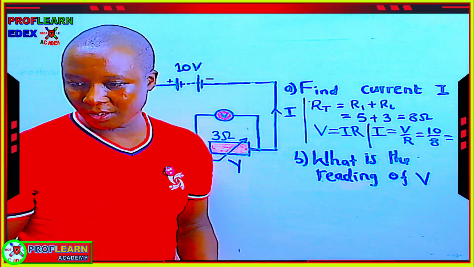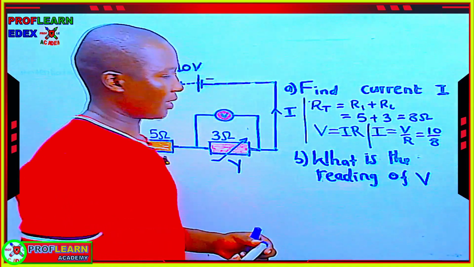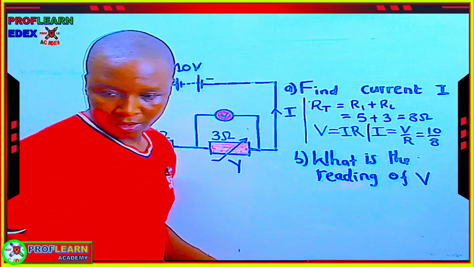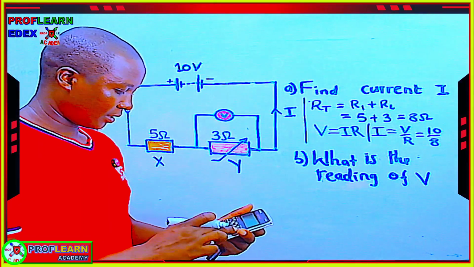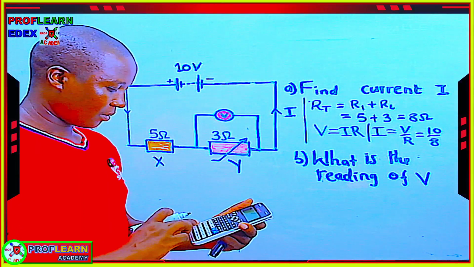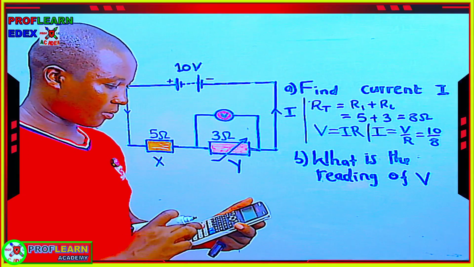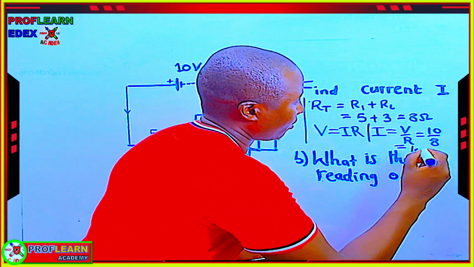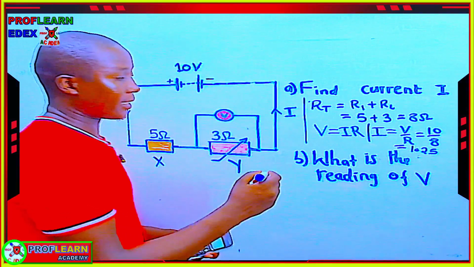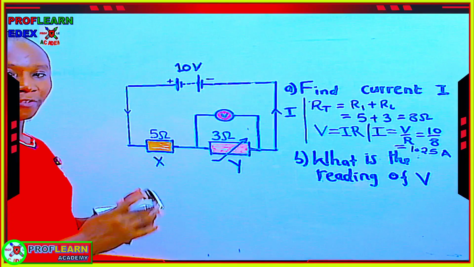Working it out here, we're going to get the value of the current. We are going to divide 10 divided by 8. We are going to get our answer as 1.25. So our final answer is 1.25. So the current that is running around the circuit is 1.25 amperes.